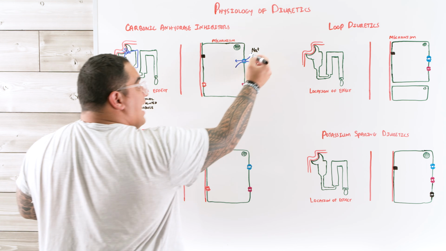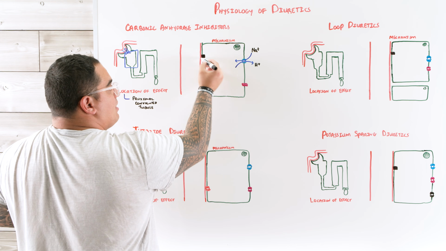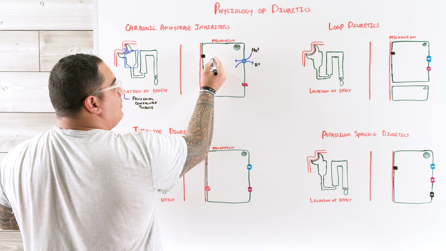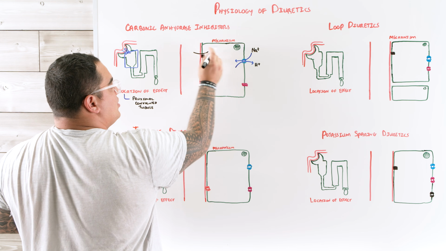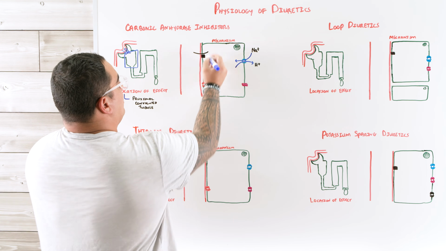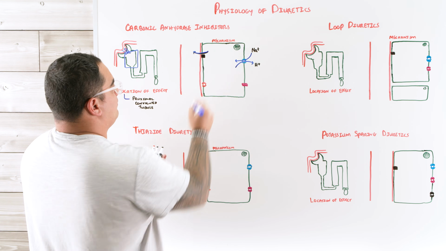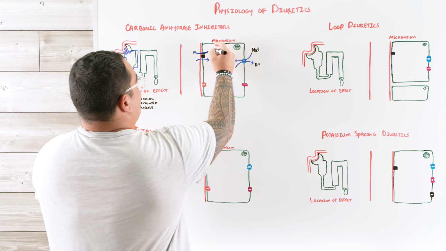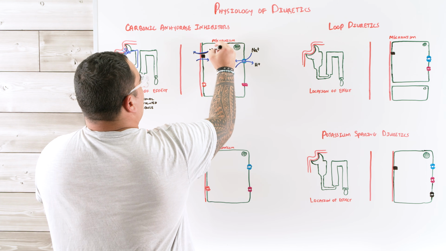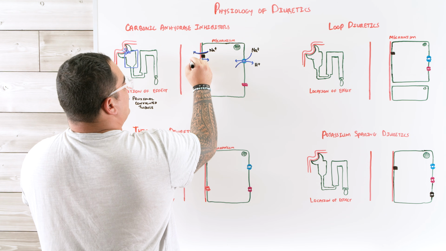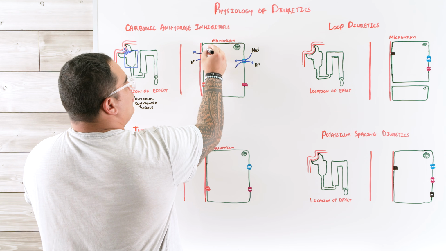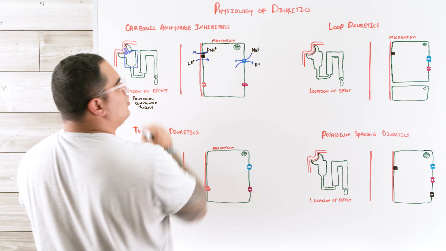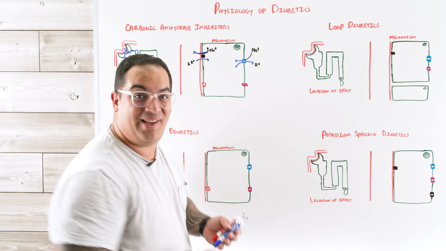The way that it does is there's a pump on the basolateral membrane. This pumps sodium out of the cell and pumps potassium into the cell, usually 3 sodium for every 2 potassium. So that's our sodium potassium ATPase.